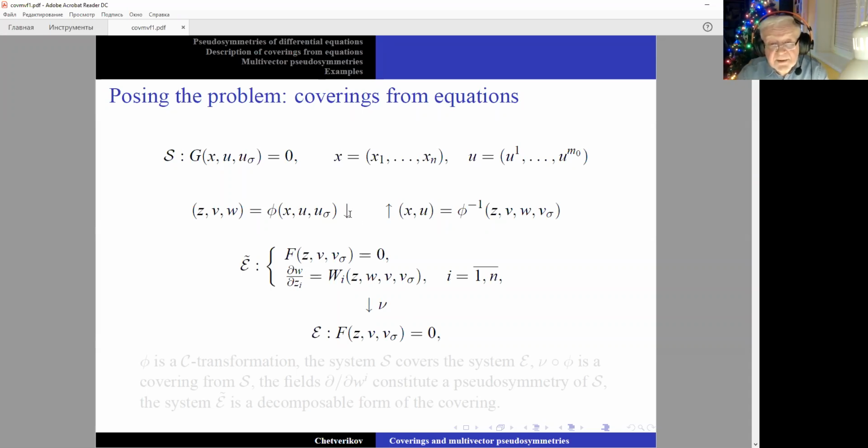It is an inverse mapping from the solution of S to the solution of the system of this form.